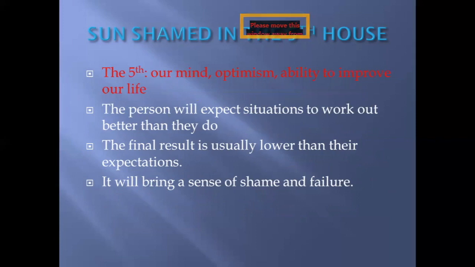So when the Sun is shamed in the 5th house, the person will expect situations to work out better than they do. They will be a little bit too optimistic, and the final result is usually lower than their expectations. So they will end up feeling a sense of shame and failure, like they couldn't do whatever they wanted to do.